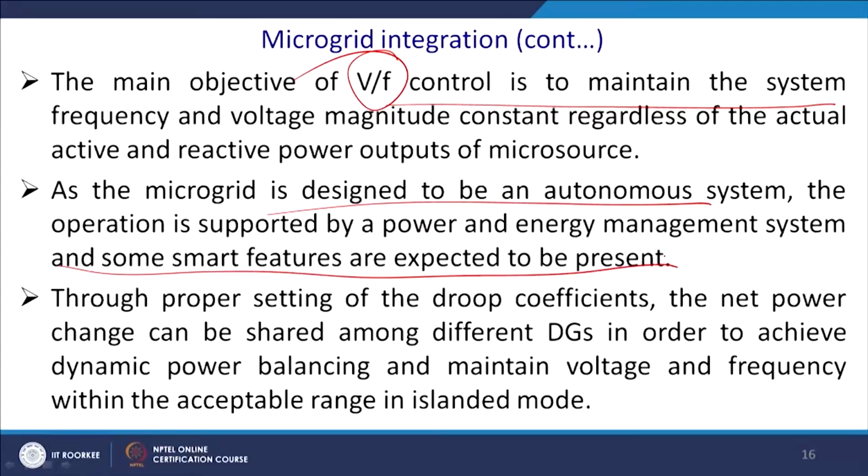What happens if you do the V by F control? Assume that your power is low and thus you have made V by F control. What will happen? Your torque will remain constant, but speed will come down maybe a little bit, and your fan may run at 5% less speed, but you will not even feel that it is running at 5% less speed. This is the beauty of the V by F control.